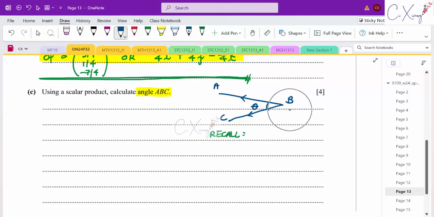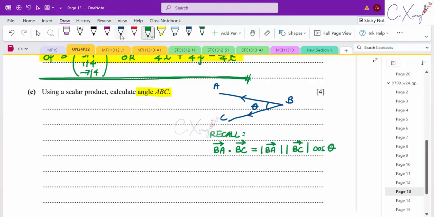That means you have to use the vector BA and also the BC. So the general formula for this one would be BA dot BC equals to modulus of BA modulus of BC then cos theta.